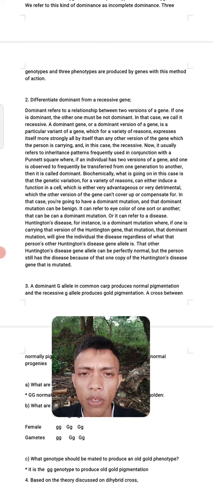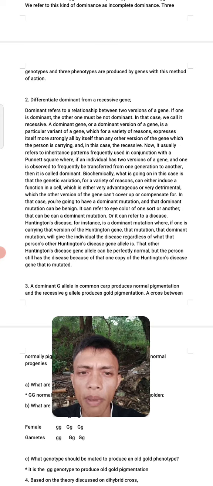Biochemically, genetic variations for a variety of reasons can induce a function in cells which is either very advantageous or very detrimental, which other versions of the gene can cover up or compensate for.